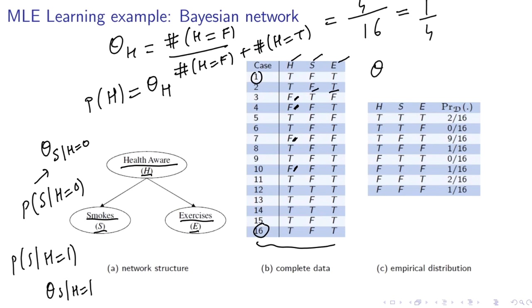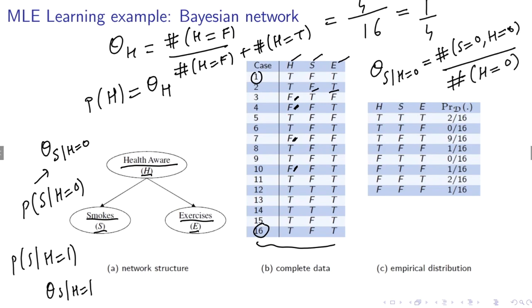What is theta of s given h equals 0? This is equal to the number of times I see s equals 0 and h equals 0 divided by the number of times I see h equals 0. Okay, so for the number of times I see s equals 0 and h equals 0, let's count, where 0 here in this case is false.